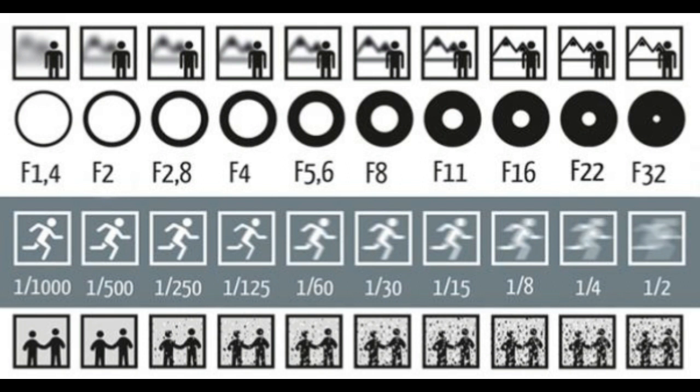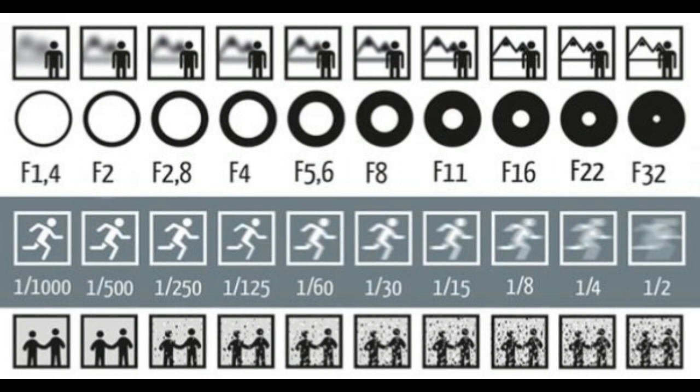This is one of the best pictures I could find on the internet to explain how aperture, shutter speed and ISO are related to each other. In the first part, that is f1.4, we will go through the columns one by one.